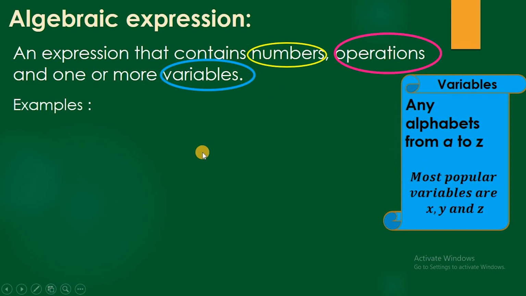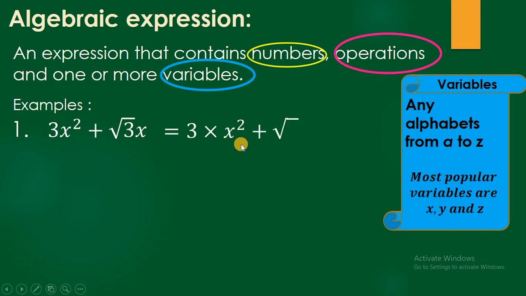Okay, let's take an example: 3x squared plus root 3x. This expression can be written as 3 into x squared plus root 3 into x, since multiplication is implied in algebra, so we usually don't write the multiplication sign between a number and the variable.